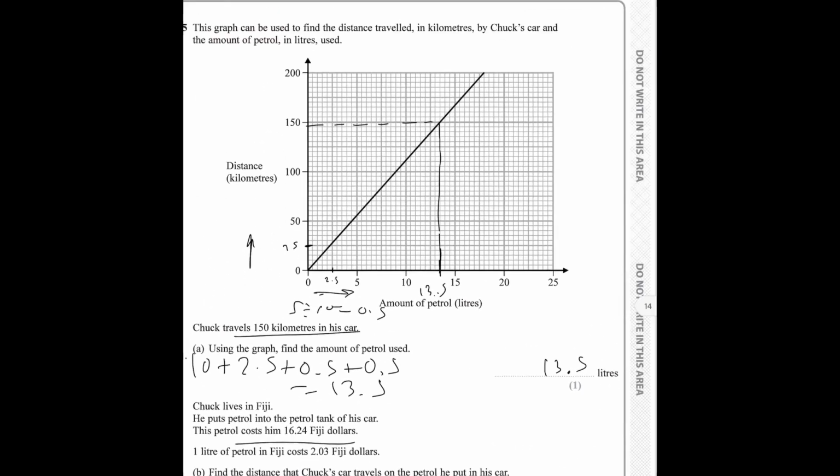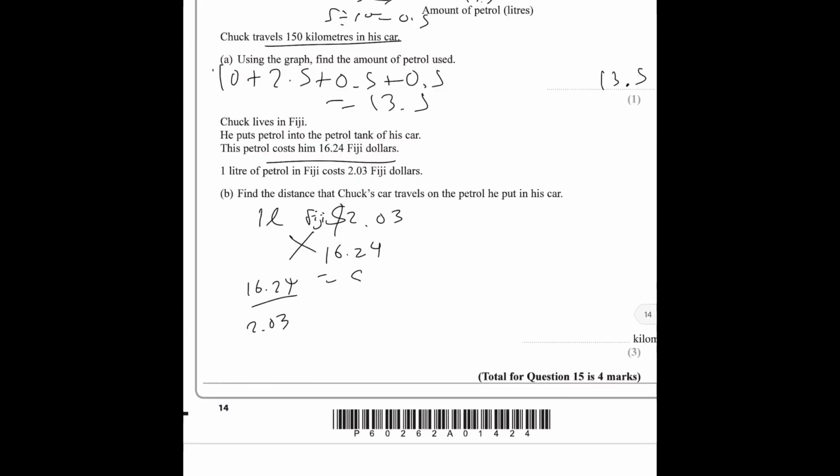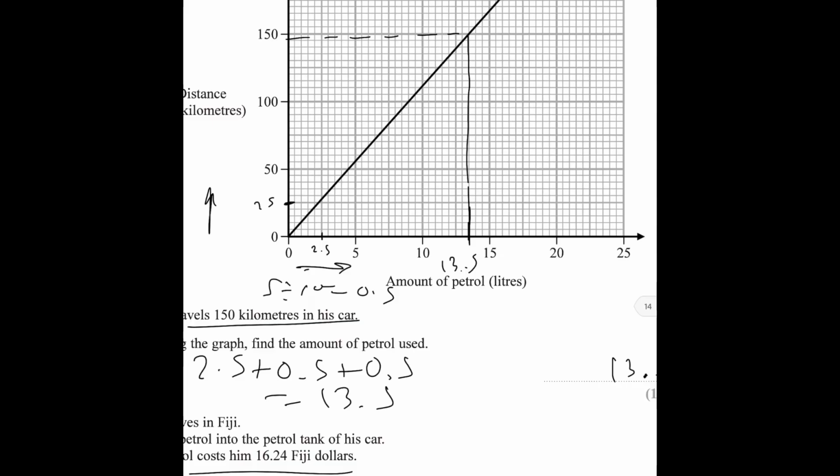Once you find out he has used 8 liters of fuel, you're going to look up on your graph and find out where 8 liters of fuel is most likely to be. So this is 5 plus 0.5 plus 0.5. This is 6. We know that this is 7 and this is 8. Since this is 8 here, we're going to get 50 plus 25.